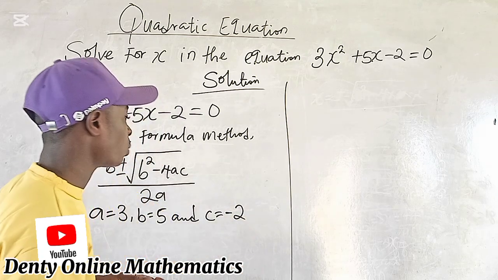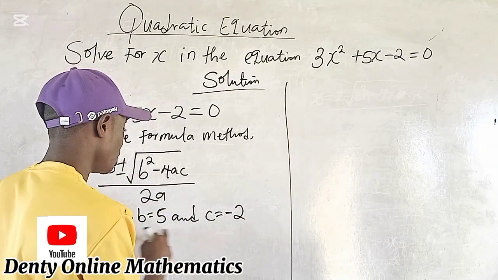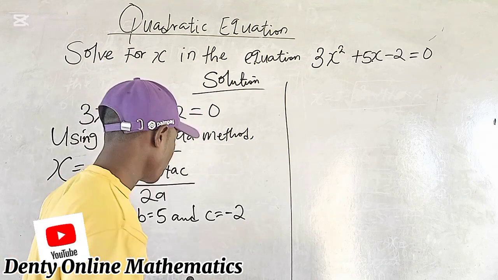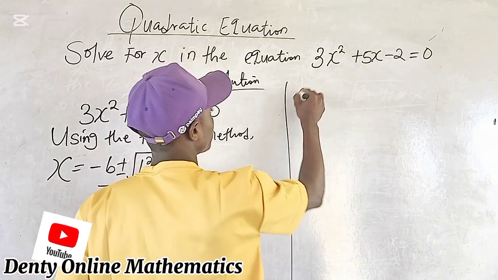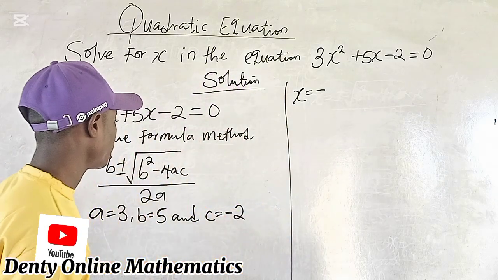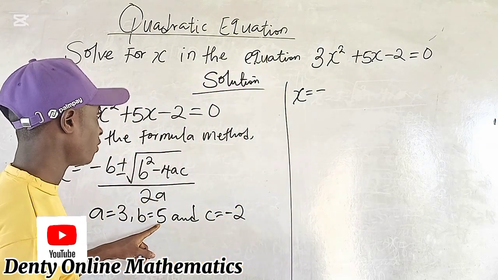Minus 2. So at this point, what we are going to do is to just substitute this into the formula, and we are done. Very simple. So now x will be equal to minus, what is b? 5.